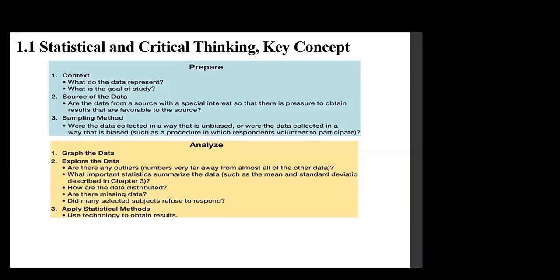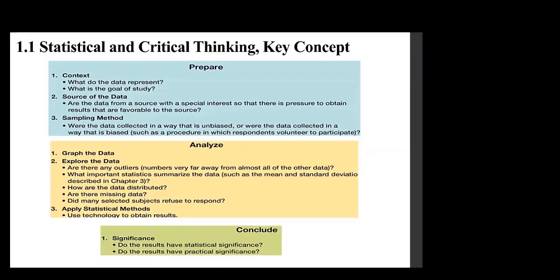And to analyze, we may use graphs, we may look at what is given, whether we have a specific distribution, it's a normal distribution, or otherwise it's a binomial distribution. And then we use statistical methods with or without technology to do the analysis of the work. And finally, and more importantly, then we start writing a conclusion for our readers.